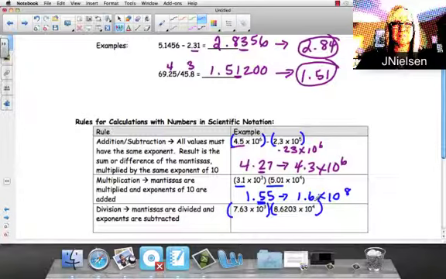Volume is the amount of space that an object takes up. And there's 3 ways that this can be calculated. For liquids, we use a graduated cylinder. You used one of those in our first lab. For a regular solid, meaning a square, we're going to do length times width times height.